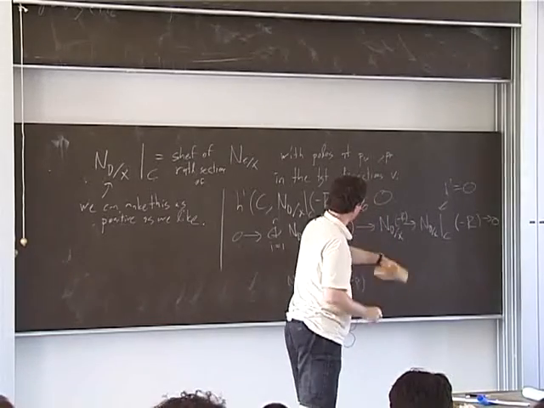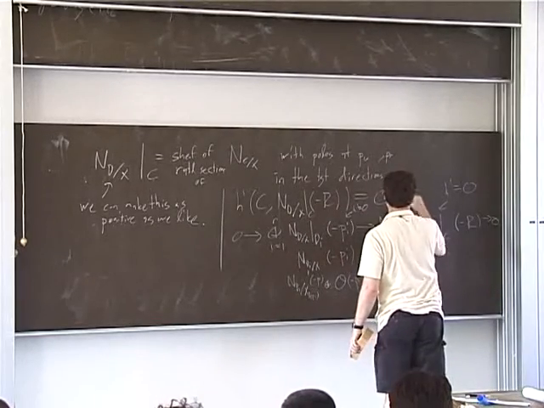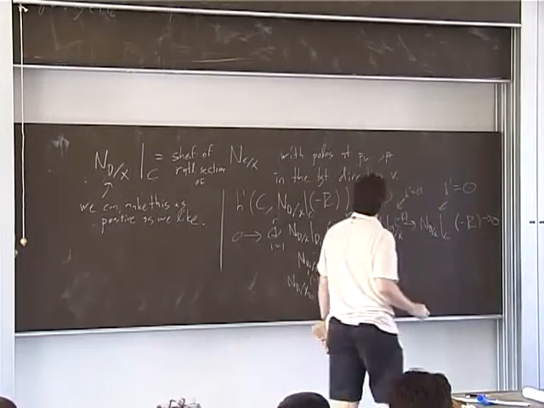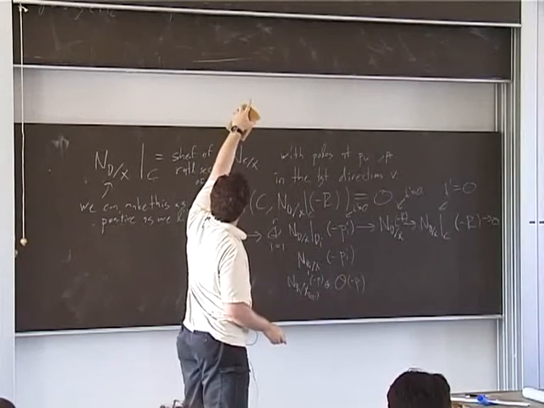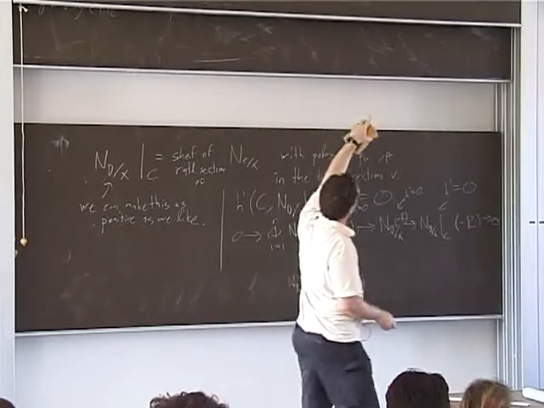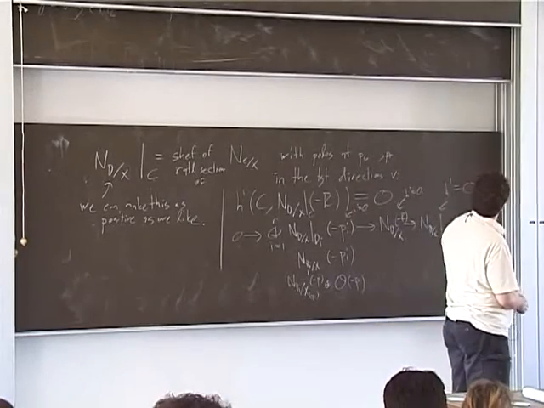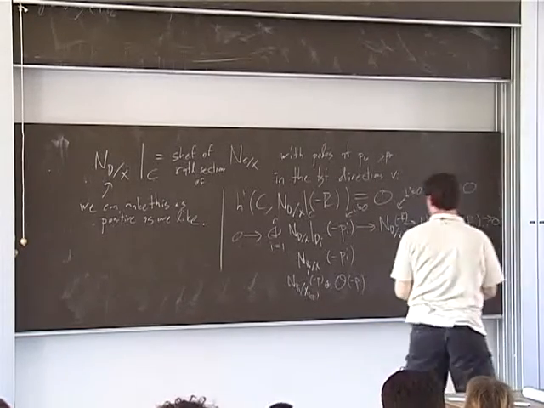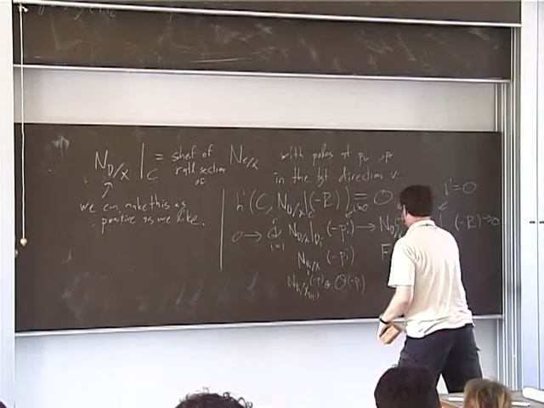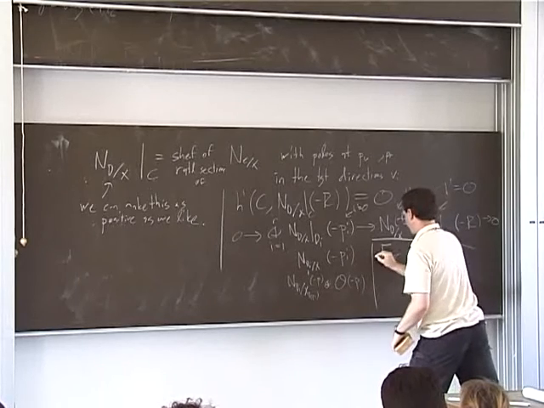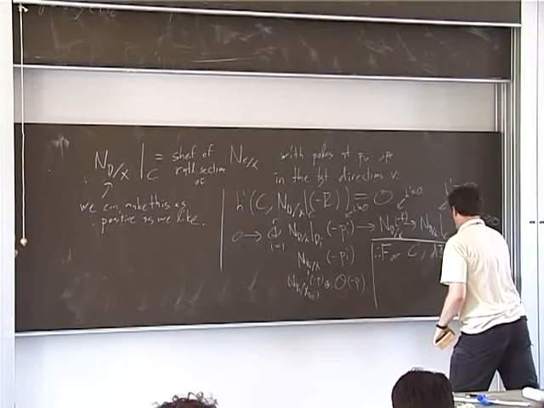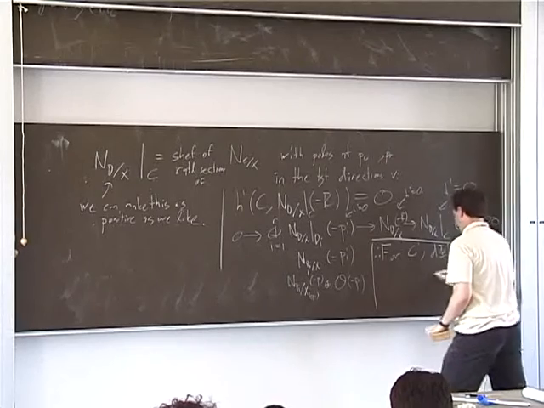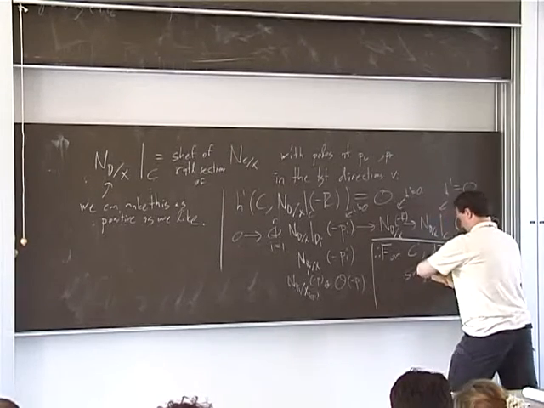And then by the long exact sequence of cohomology, that implies that H1 of this is 0. And that's what we needed for this curve C prime. So that proves that when we deform D to the C prime, that H1 is 0, which then implies that D phi at C prime is surjective.